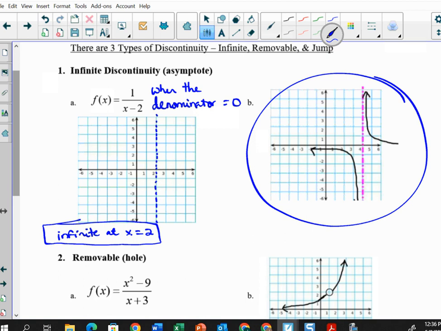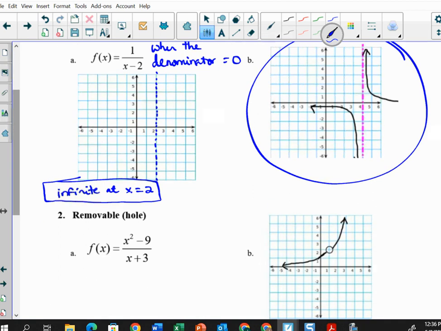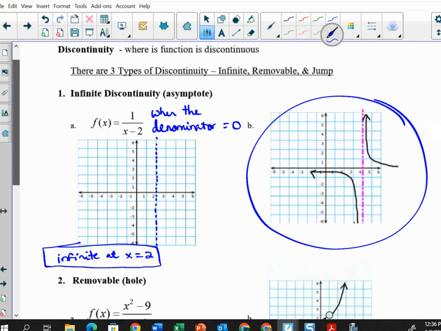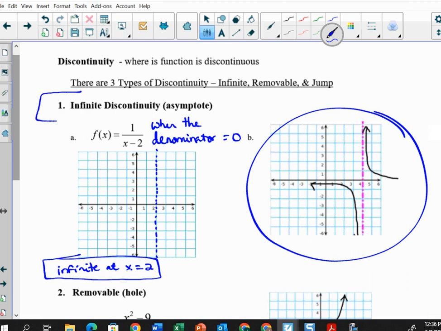Doing okay, guys? Is that an answer? Yeah. If I ask you about discontinuity, you tell me the type and the location. The type is infinite. You see this?